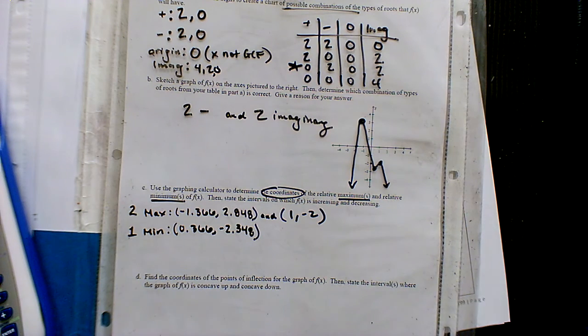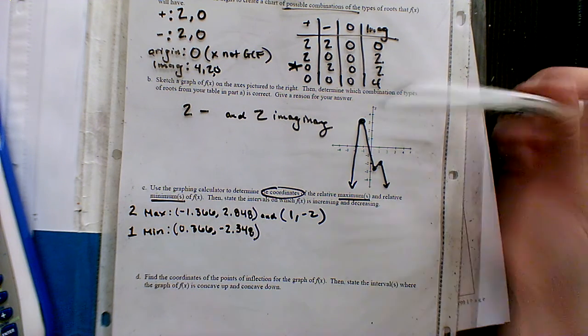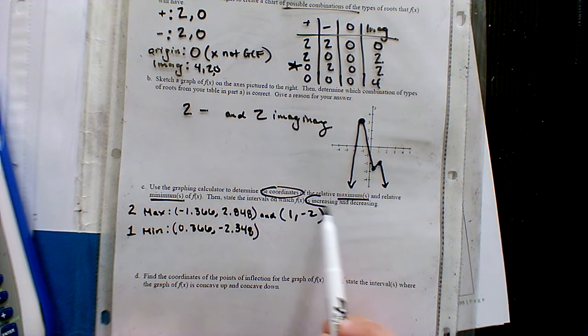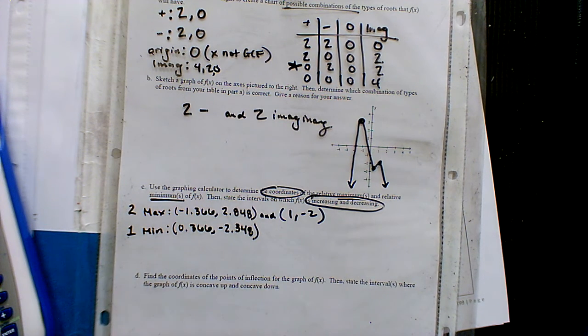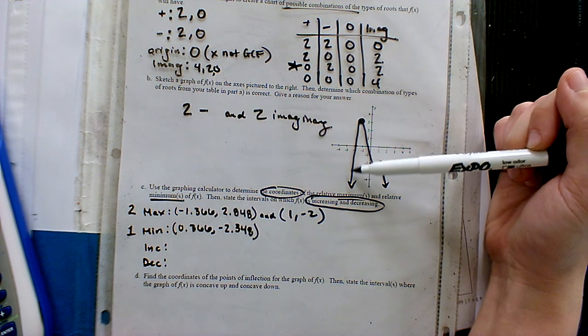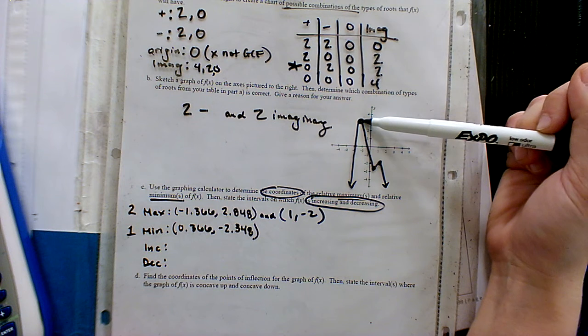All right, so now that we found the exact coordinates of these maxes and mins, we're going to use those to our advantage to determine those increasing and decreasing intervals, kind of a throwback question. Let's go ahead and check those out. So if you were to trace the graph from left to right, your pencil would initially be going up until you reach the maximum.